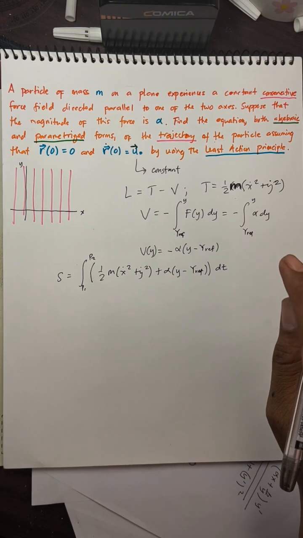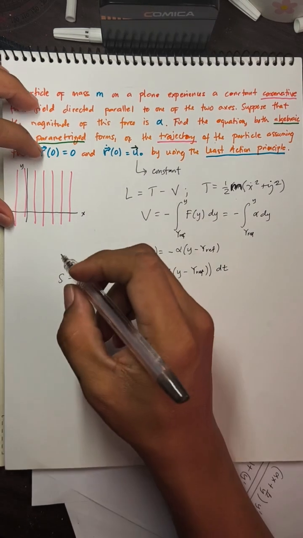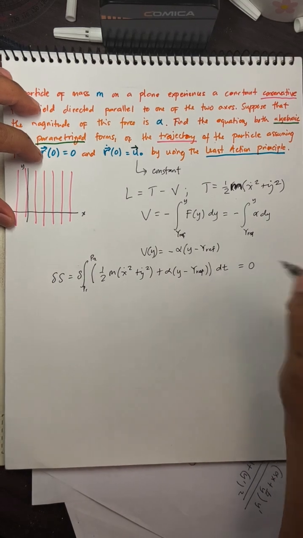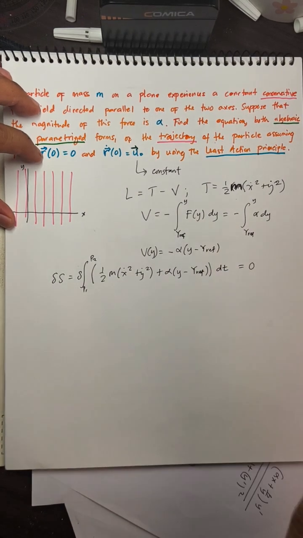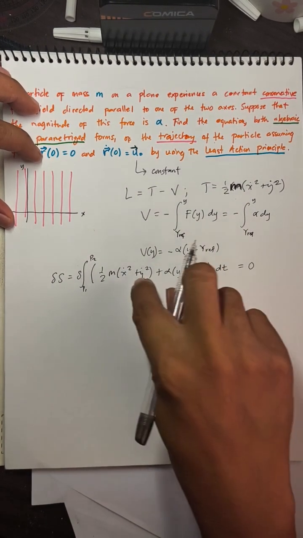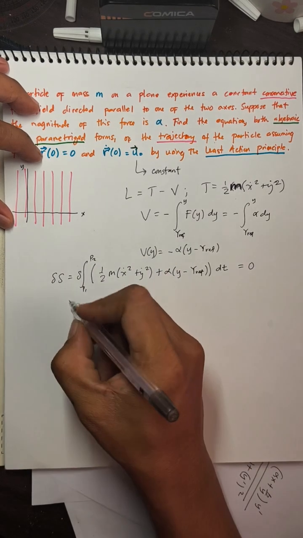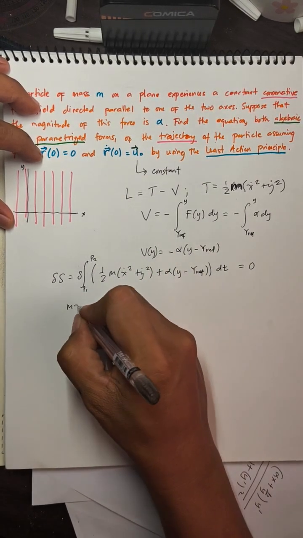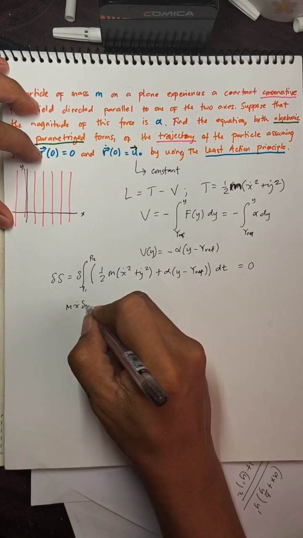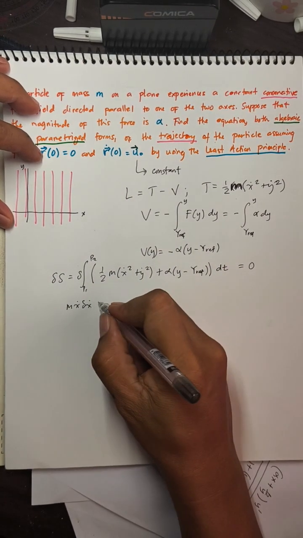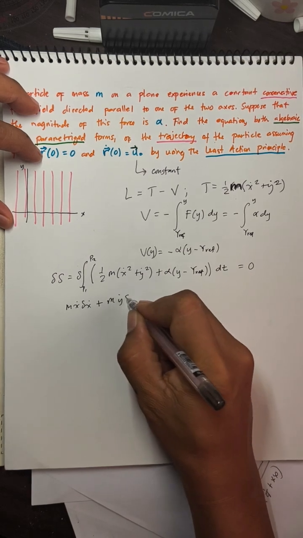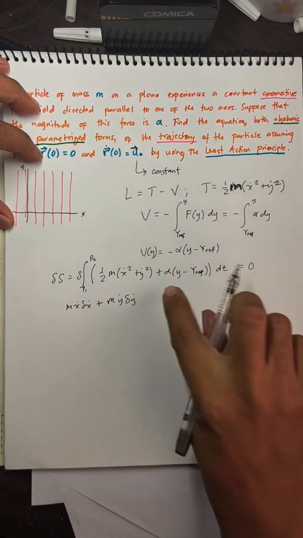The principle of least action means that we now take the variation of this and set it equal to 0. Taking the variation of this action, we would have m x dot delta x dot plus m y dot delta y dot.